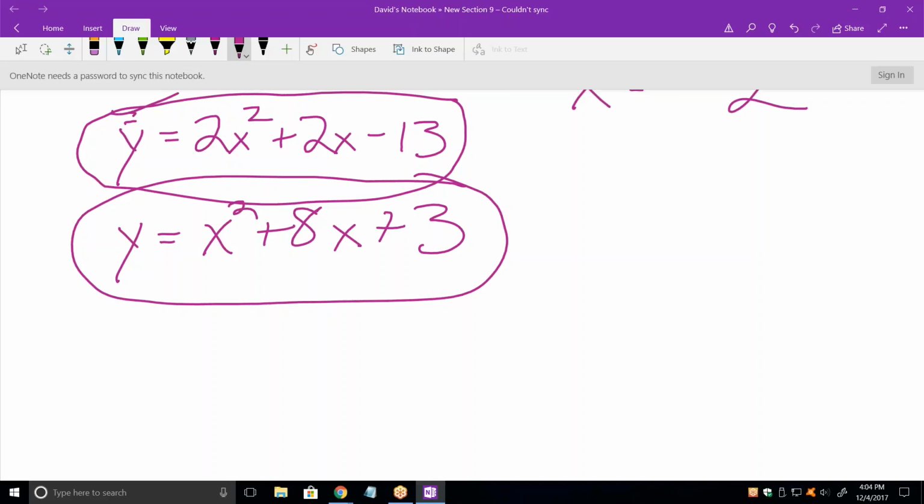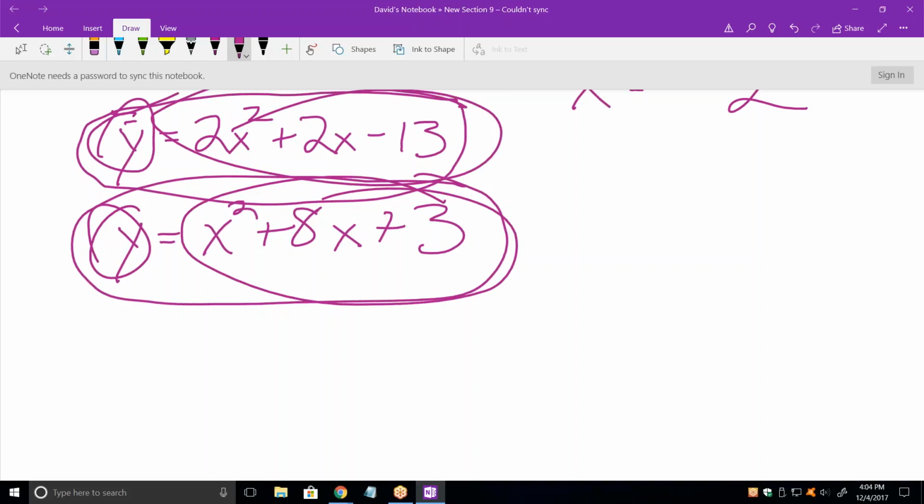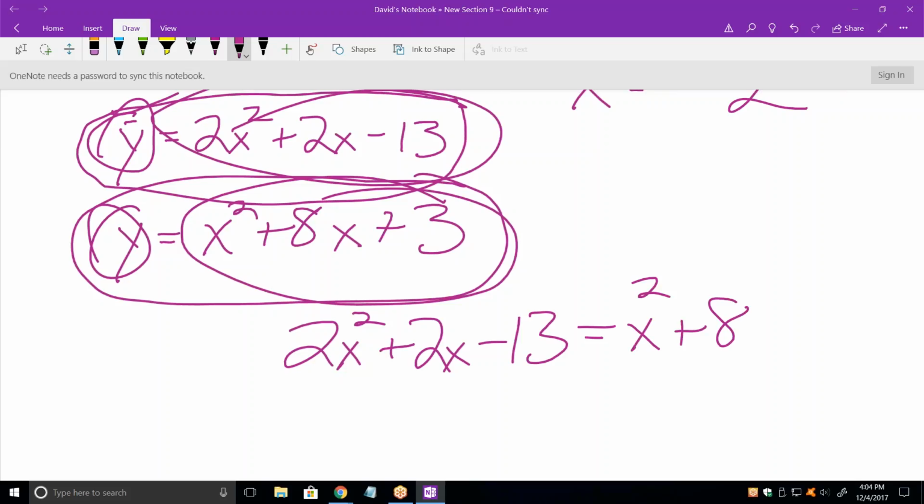If that y equals that y, then that equals that. 2x squared plus 2x minus 13 equals x squared plus 8x plus 3. Now notice what happened. We took two equations and two variables, and now we only have one equation and one variable. We can always solve one equation and one variable. Almost always. What's the next step?